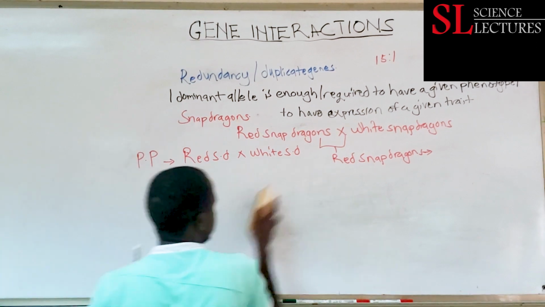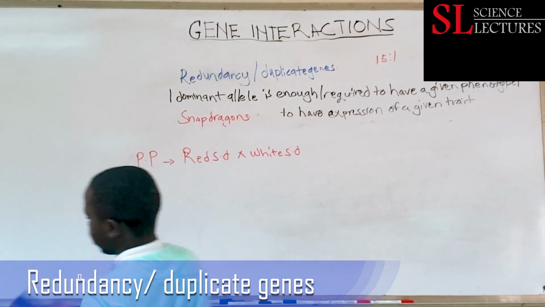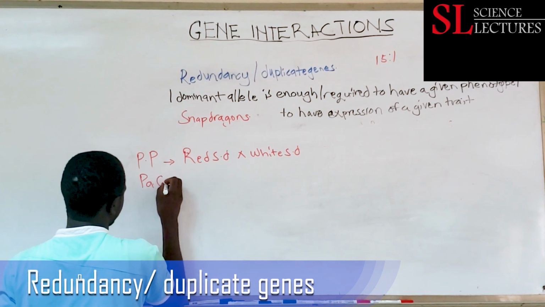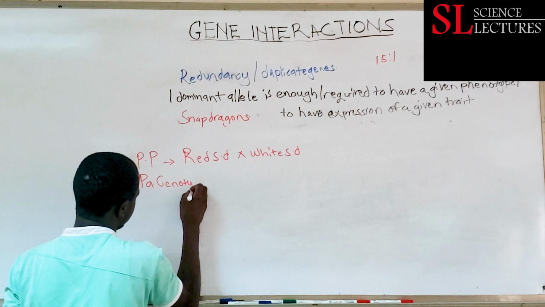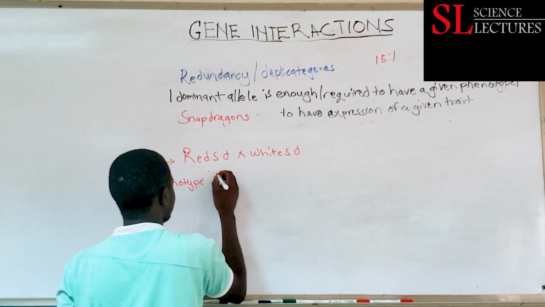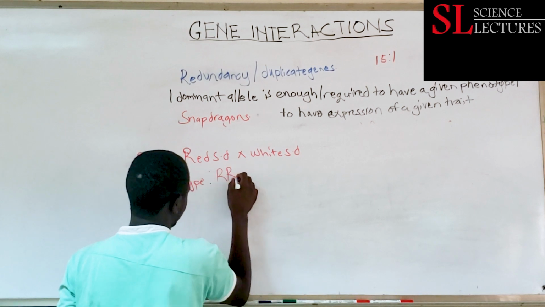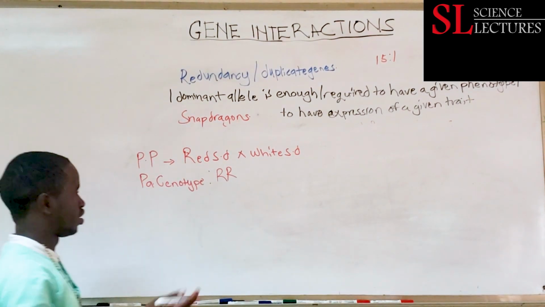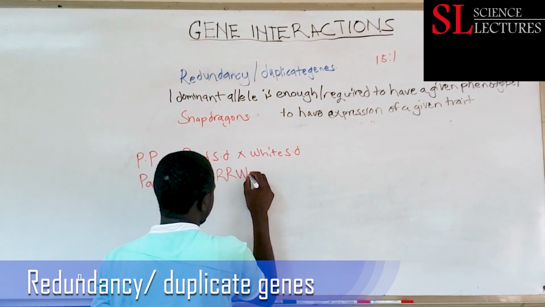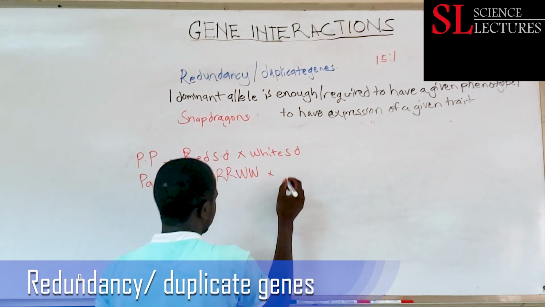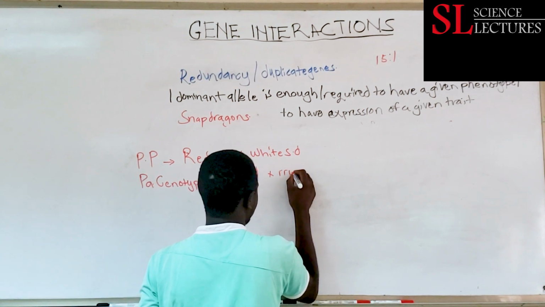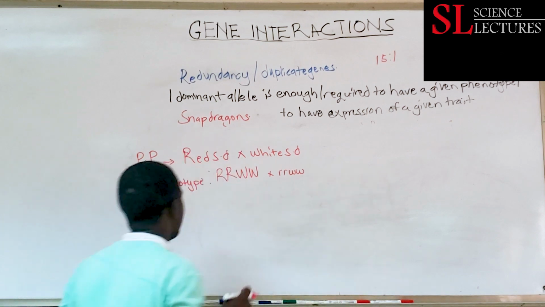Then our parental genotype is, I'm going to use capital R, remember we are dealing with two genes, and I can use capital W, then this is small r, small w.